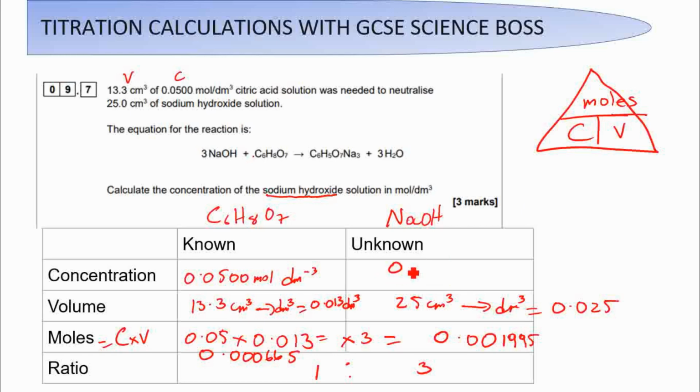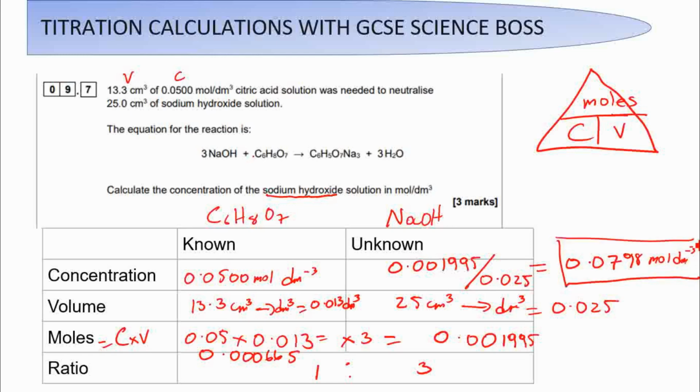So it's going to be 0.001995 divided by the volume, which is 0.025, which gives me an answer of 0.0798 moles per dm cubed. Okay, good.